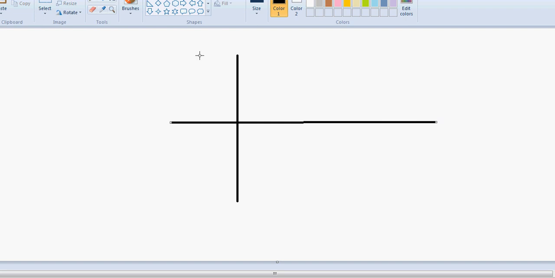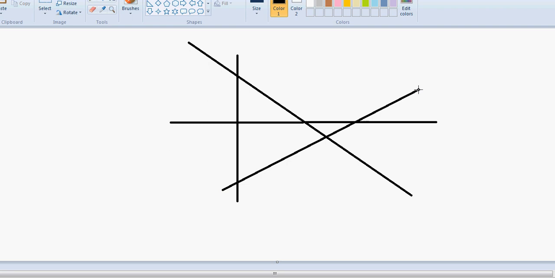So any equation can be plotted this way, right? So all the points which lie on this line would satisfy that equation, right? So similarly there can be another line which is like this, right? So now these are two linear equations, right?